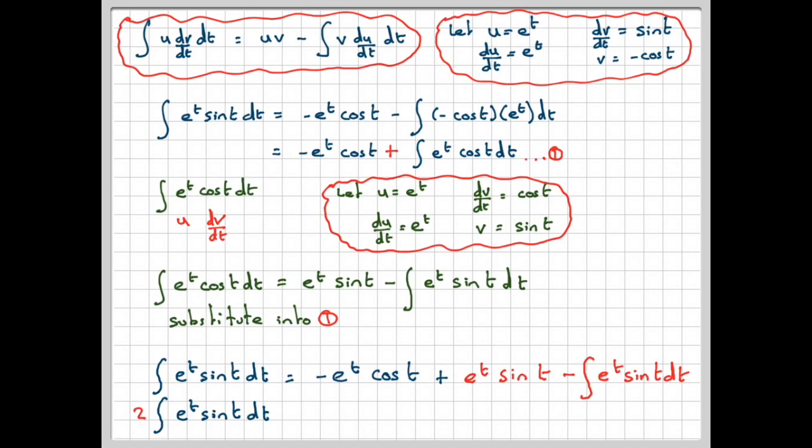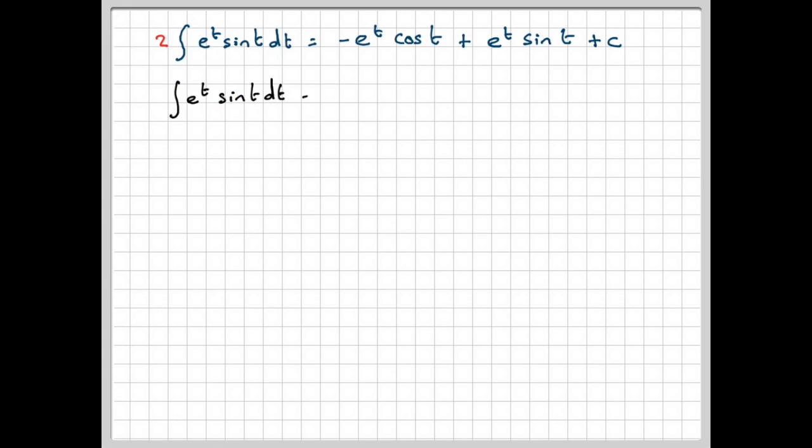So that gives me, now if I take this over here and I have two lots of it, it's equal to minus e^t cos t plus e^t sin t plus c, and just write that out again. Dividing by 2, we're going to have the integral of e^t sin t dt, which is what I want to find, is a half e^t (sin t minus cos t), plus a different constant because we would have divided it by 2.